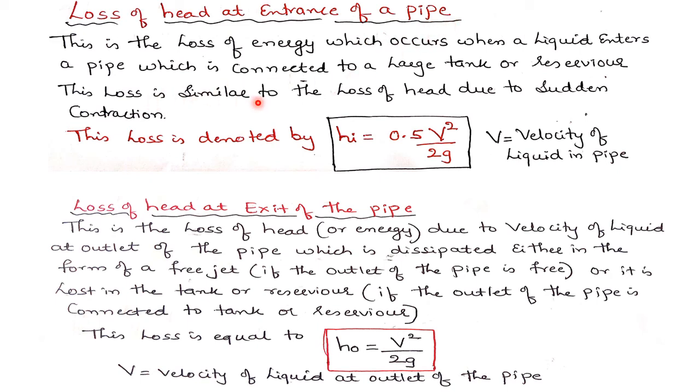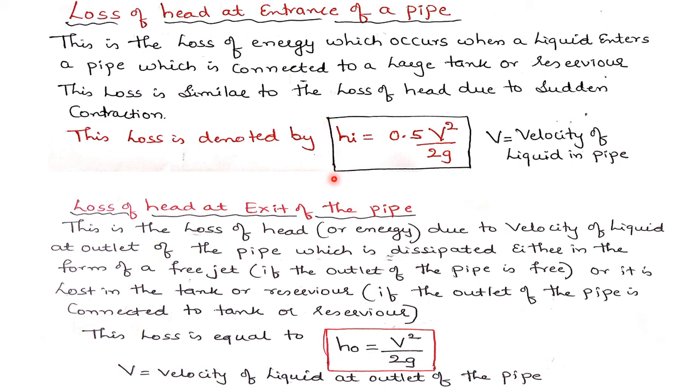And this loss is similar to the loss of head due to sudden contraction, which is given by HI. That is, HI indicates entrance of the pipe: 0.5 V square divided by 2G. Here we write V square divided by 2G, because it is at the entrance of the pipe. This is not related to any section of the pipe, just V square divided by 2G.